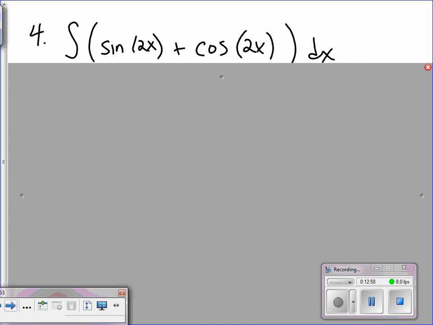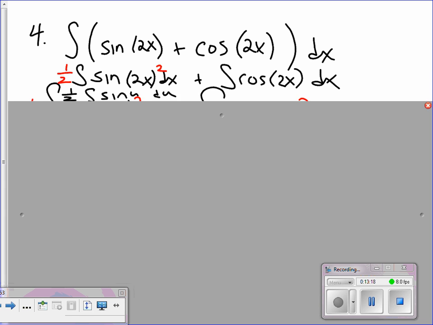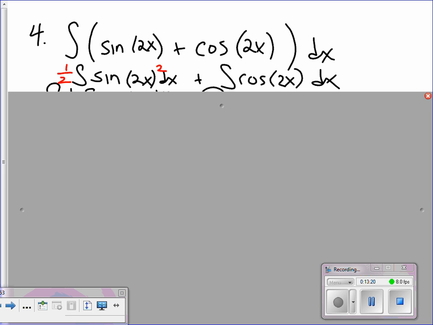Okay. Now, when you go to integrate a sum or a difference, you can just do them separately. Right? So you want to integrate sine of 2x. It's not just sine of x, it's sine of 2x. So it's a little u substitution. And if you want to integrate sine of 2x, what would you need sitting right next to it? A 2. And if you put a 2 next to it, you need a half out front.